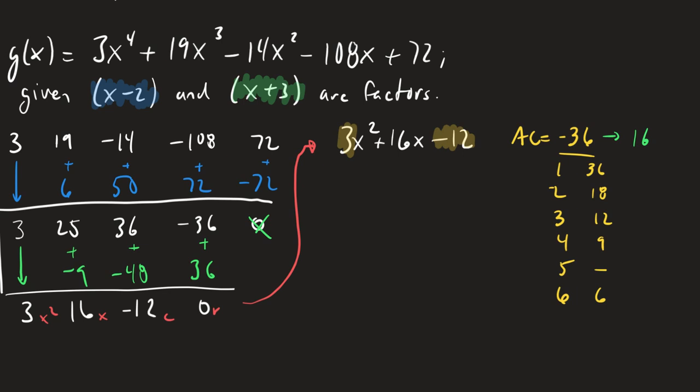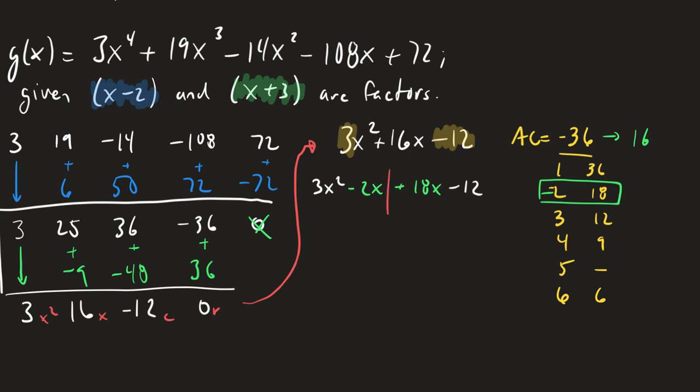So now I need to find negative 36 and 16, and that's going to be an 18 and a 2. So I need a negative 2 and a positive 18 to get positive 16. 3x squared minus 2x plus 18x minus 12.